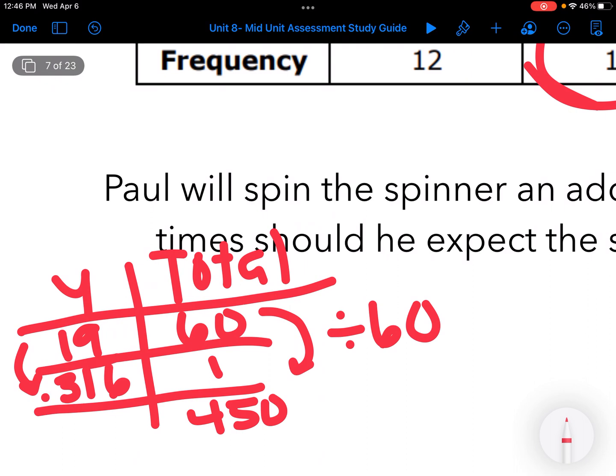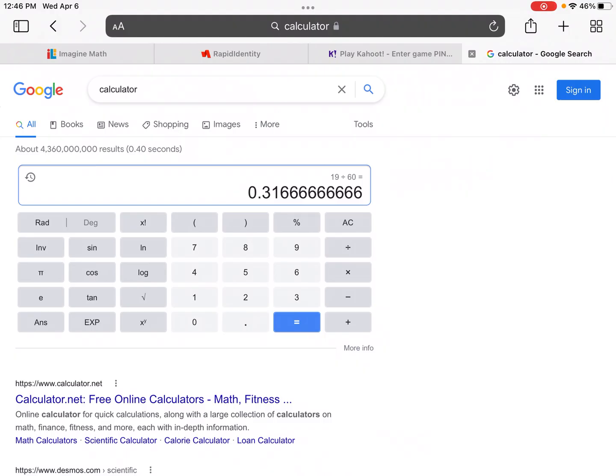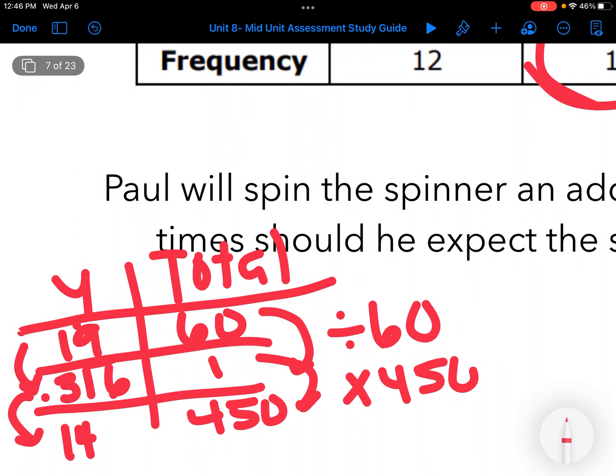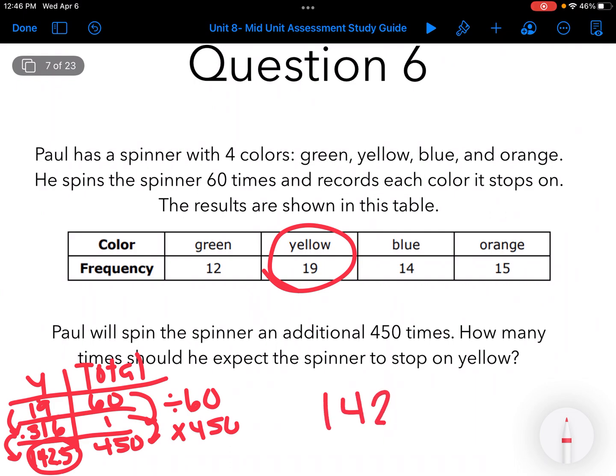Okay, and then I'm going to multiply by 450. And I get 142.5. So I should expect to get yellow 142.5 or 143 more times.